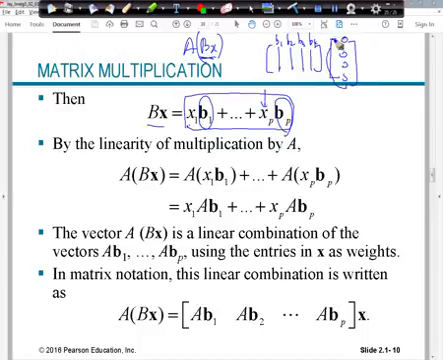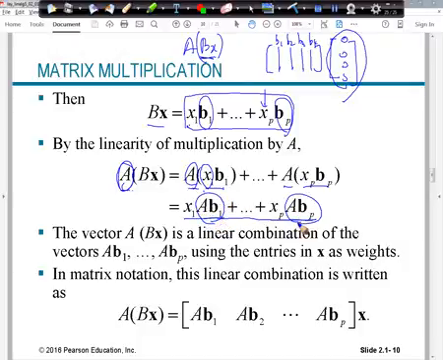Then by applying the matrix A further, A times this and A times this, we can switch the order between the scalar and the matrix, and we get this representation. Let's think about A times B1 and also A times Bp.